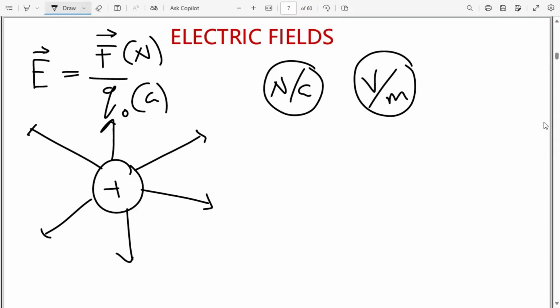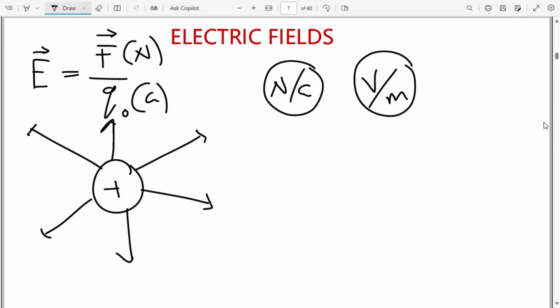That is the direction of the electric field on a positive charge, and it is represented using imaginary lines that we call electric field lines. These lines show the direction and strength of the electric field, and there are some rules to follow when drawing the field lines.